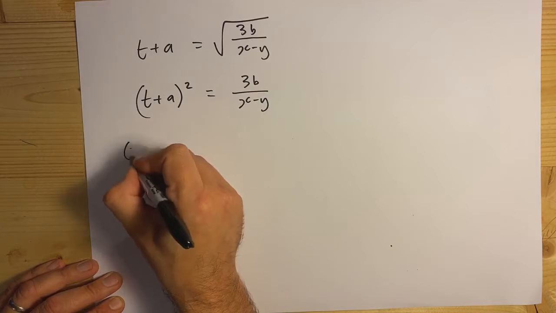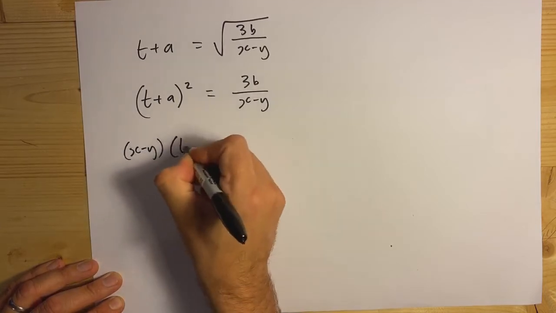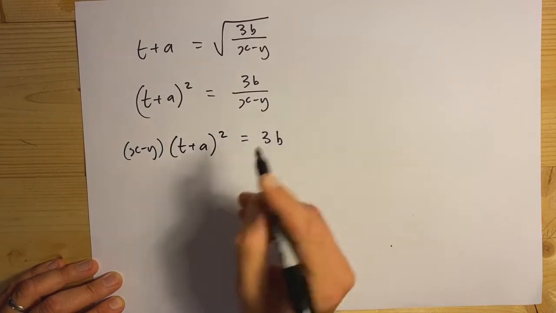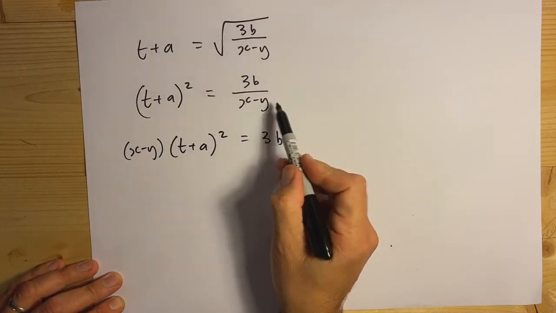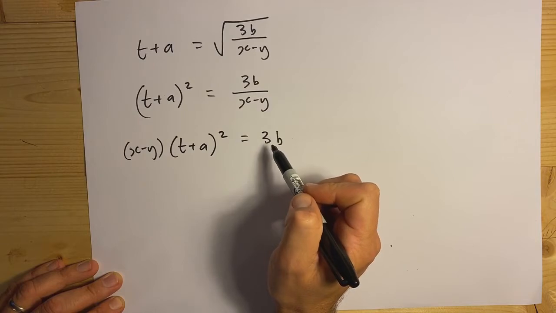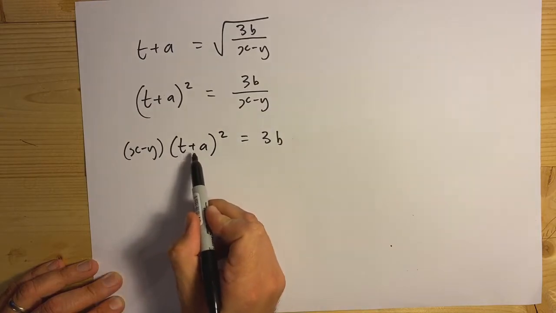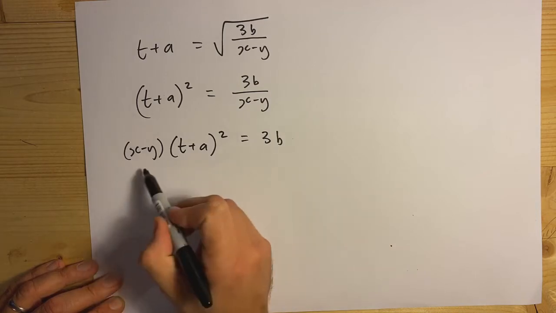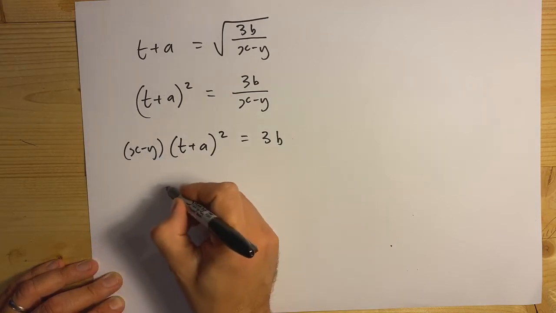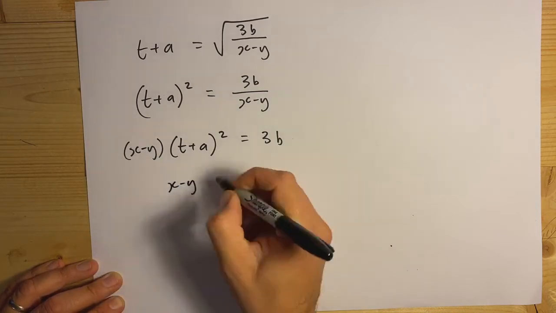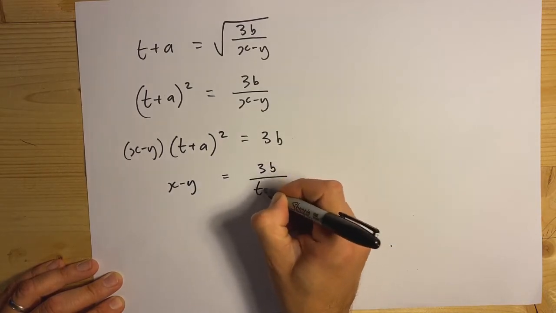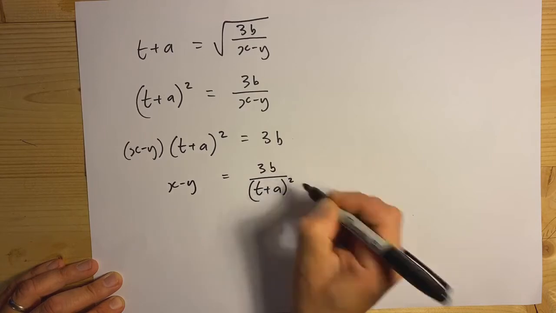So we can go x minus y times t plus a all squared equals 3b. Because we've multiplied this side by x minus y, it cancels out. And now we can move our t plus a squared. If we divide both sides by that, we'd just be left with x minus y. So x minus y equals 3b over t plus a all squared.